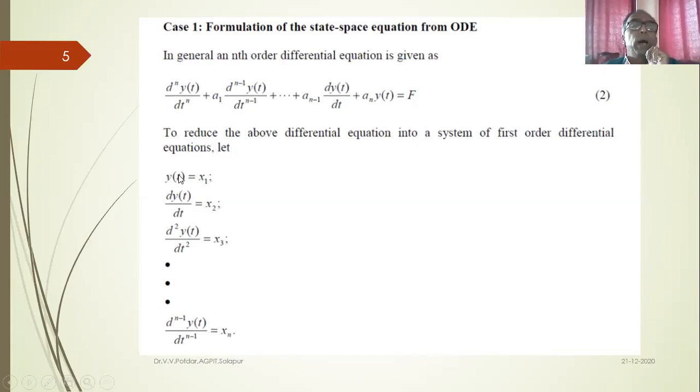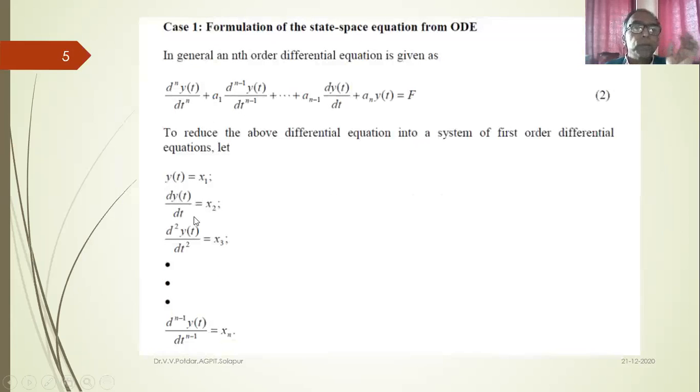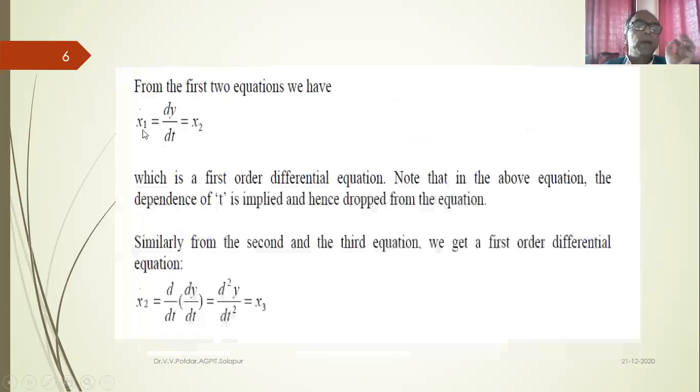So this is how I replace y(t), dy by dt and d2y by dt square with x1, x2 and x3 terms. Like that, I go up to the nth term. From the first two equations we have x1 dot is equal to dy by dt is equal to x2.